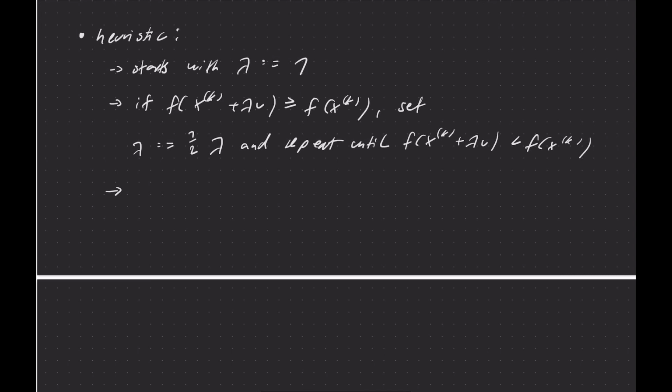Of course, while this will work, it will probably lead to very, very low levels of lambda very quickly. So we'll also incorporate a means of increasing lambda if we can afford it.